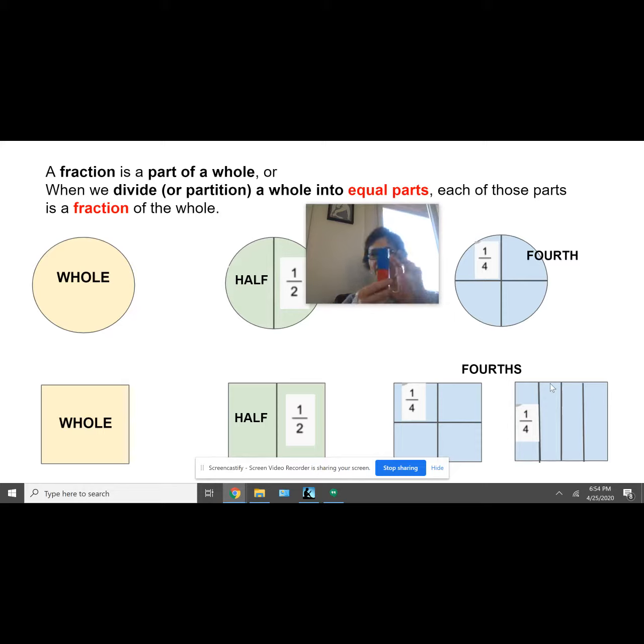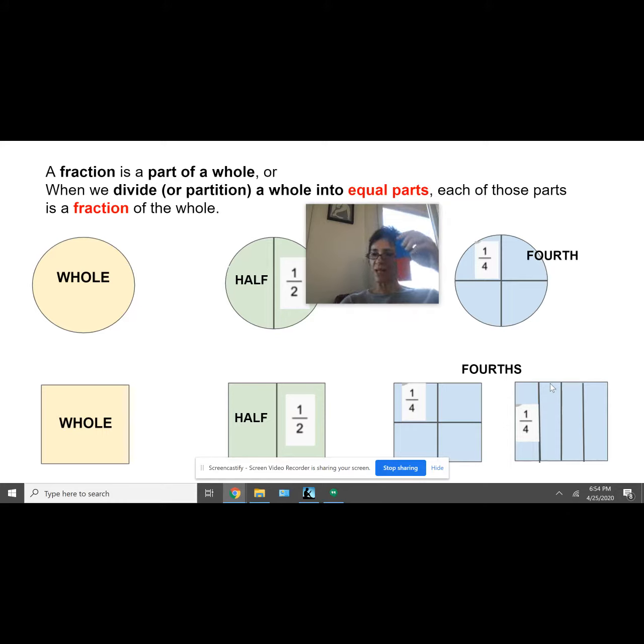So I have 12 pieces, and as you can see, I made 2 halves. This is like a Lego tower with 12 pieces of Lego. And there are 6 red ones and 6 blue ones. So I divided it in half. I have 2 parts and each part is 1/2.